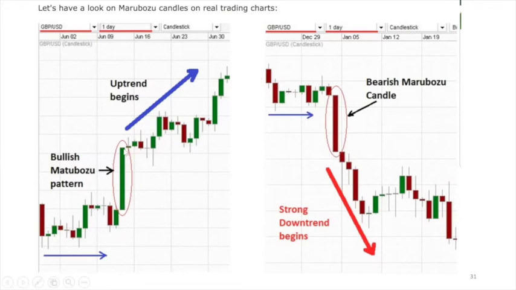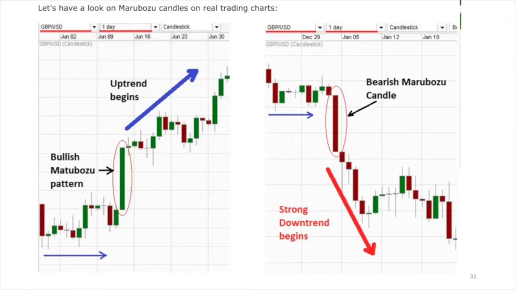A lot of people see this as a very good sign. The price has very strong bull strength, because there's no tail. You saw there's no tail. That's how you need to look at the chart.